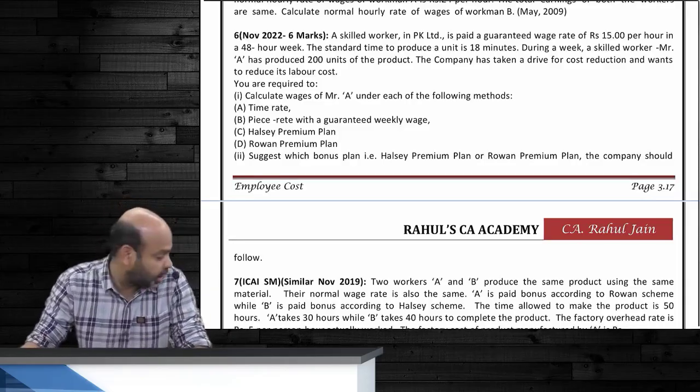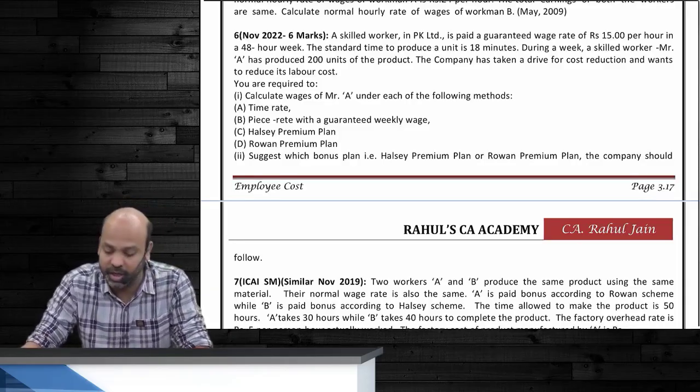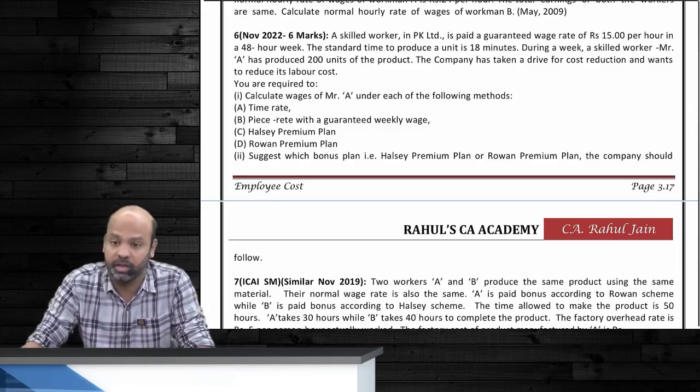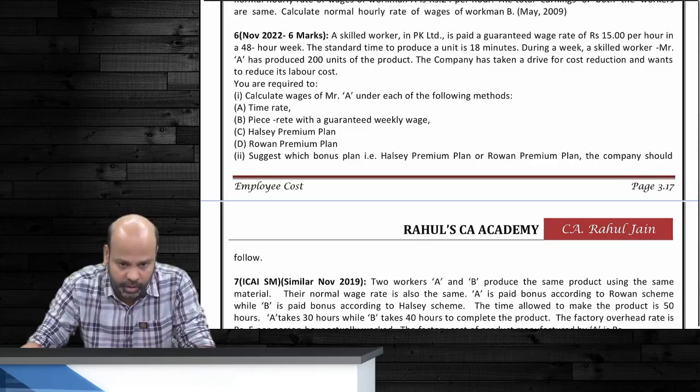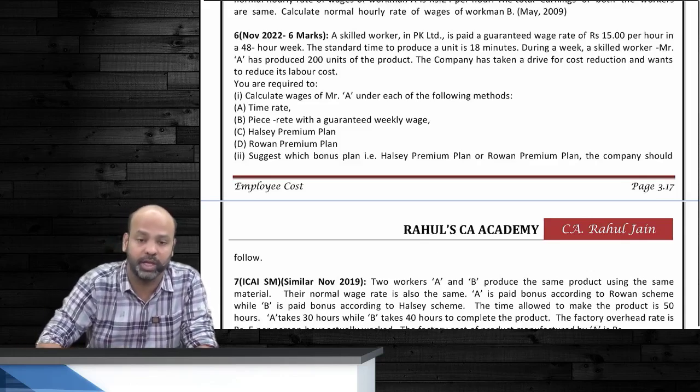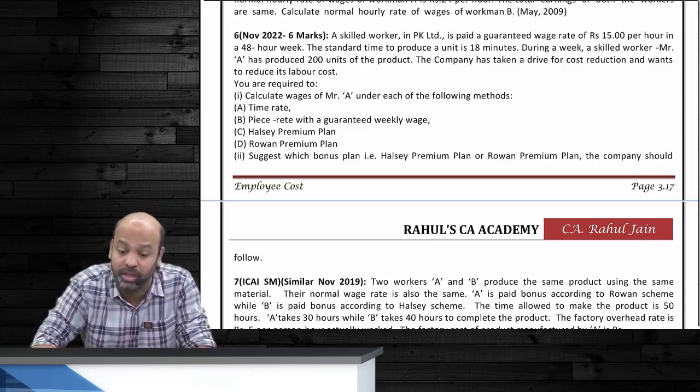The standard time to produce a unit, guys, is 18 minutes. During a week, a skilled worker, Mr. A, has produced 200 units of the product. If you are producing 200 units, and for every unit you were supposed to take 18 minutes, what should have been the total time taken?